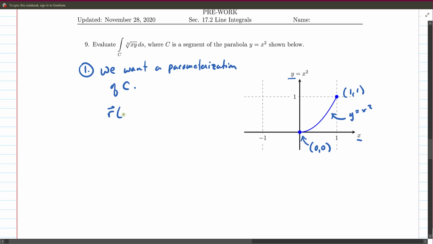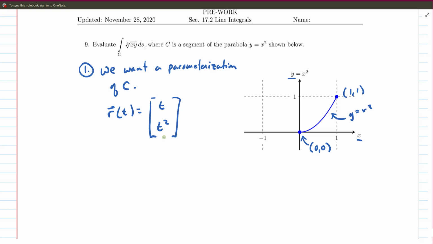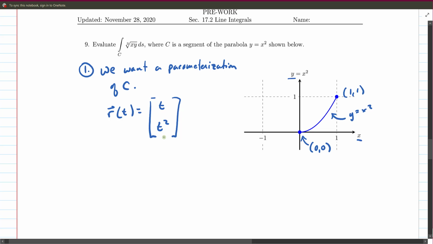I'm going to use the parameterization r of t equals, and I'm going to just pick t for the x component and t squared for the y component. This is the most natural choice for parameterization when you've said y is some function of x. You pick the x coordinate to just be t, and then y is t squared. Unless you have some other choice, maybe like a circular curve, this may be the most natural parameterization to pick.